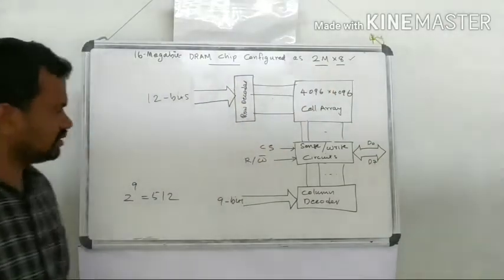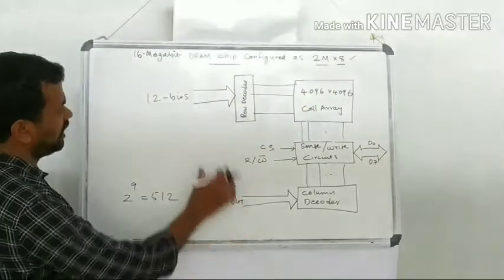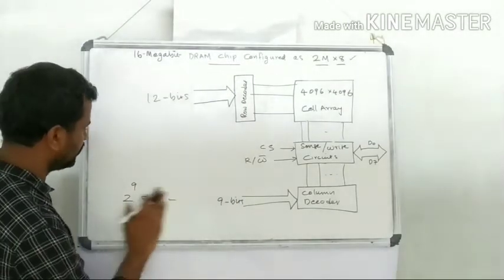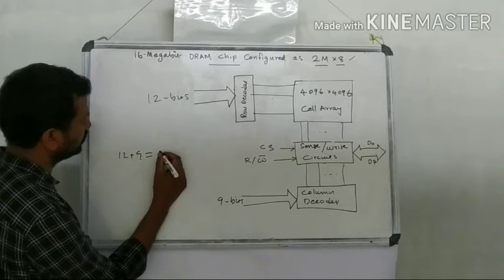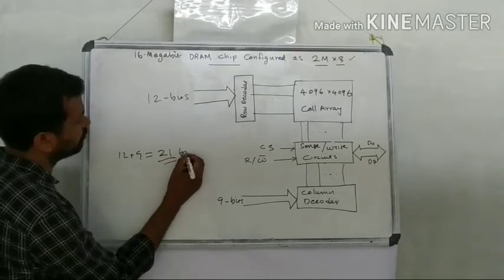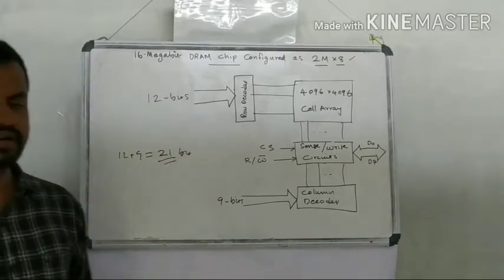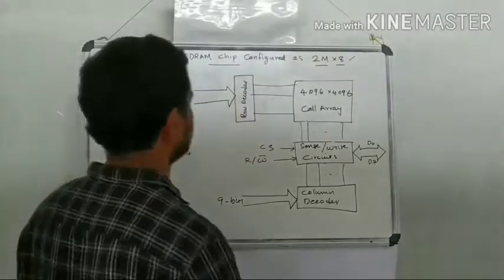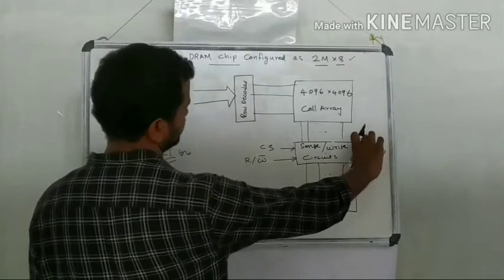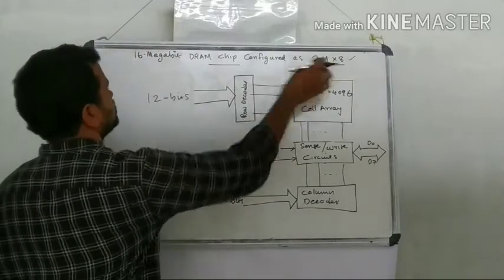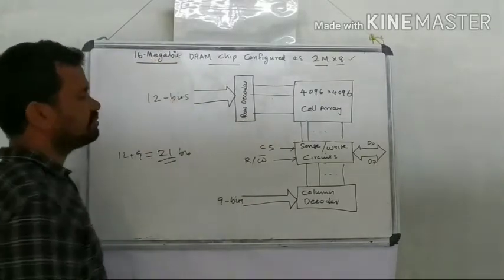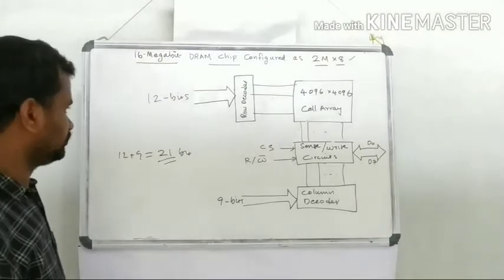So the total number of address bits required is 12 plus 9, equal to 21 bits. A 21 bit address is required to select one byte of information from our 2M into 8, or 16 megabit DRAM memory.